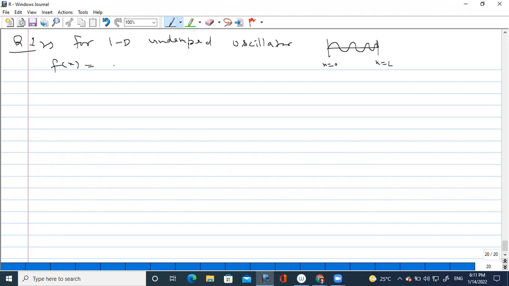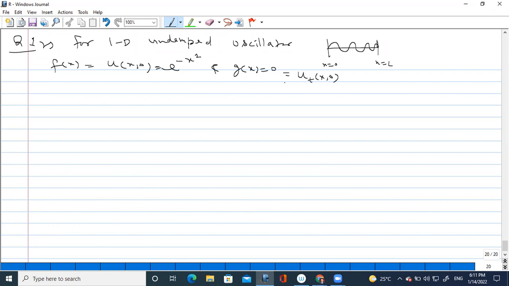For this, they have given f(x), f(x) equal to u(x,0), that is equal to e to the power minus x square. So f(x) is given and g(x) is equal to 0, where g(x) is u_t(x,0).